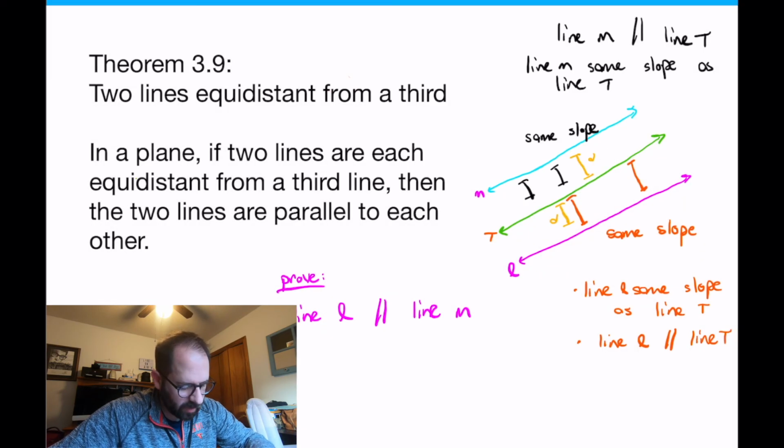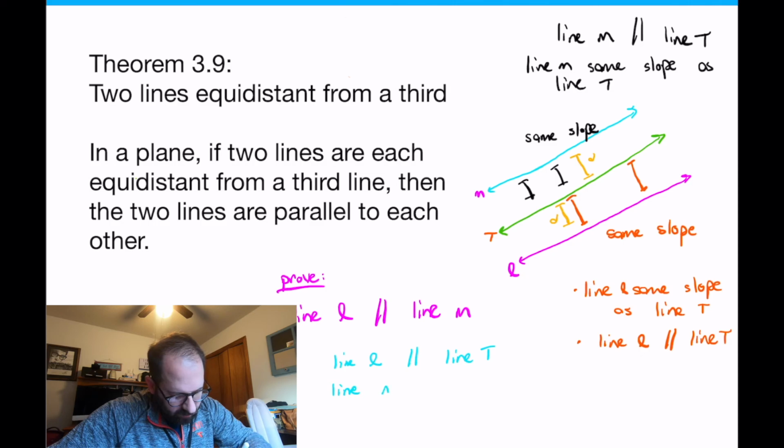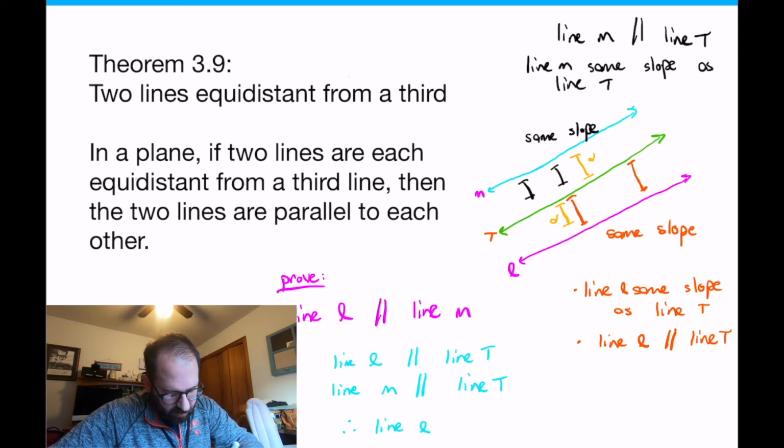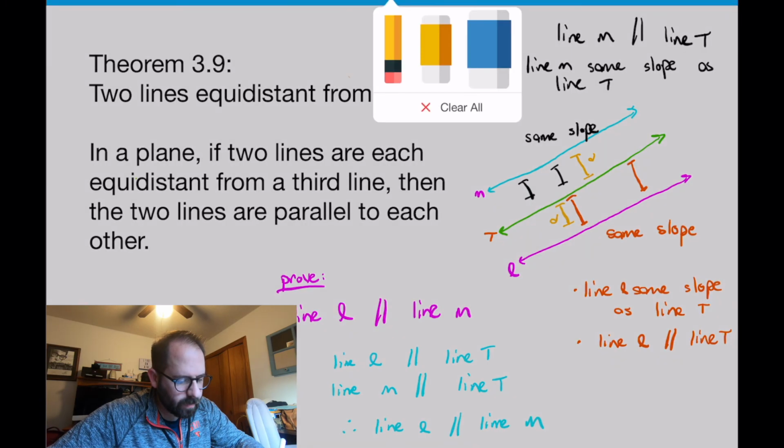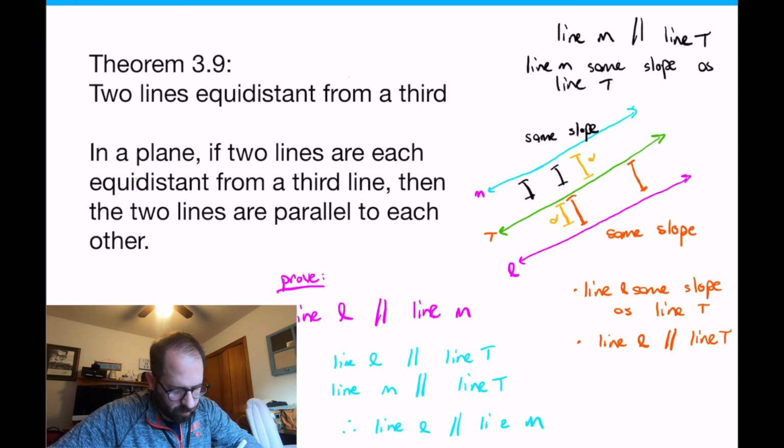If I know that line L is parallel to line T, and line M is also parallel to line T, then, i.e., that's a little triangle of dots, line L is parallel to line M. Again, this is transitive. You can see the connection of dots.